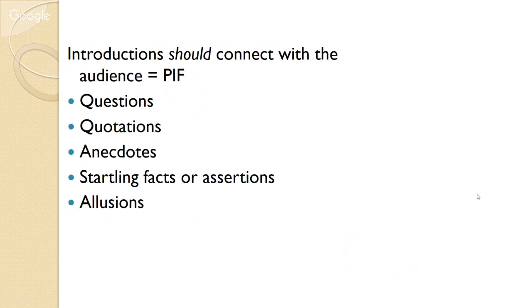Startling facts or assertions, and you can do this in your thesis because, again, a thesis is a statement of opinion. It is what we call an assertion. It is a forceful statement or bold statement that something is so. And it can be a statement of opinion, so it doesn't have to be factually true, as we've talked about before when we discussed the different types of claims that we make when we write.